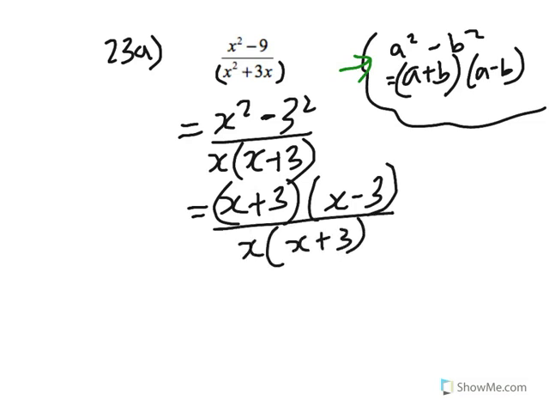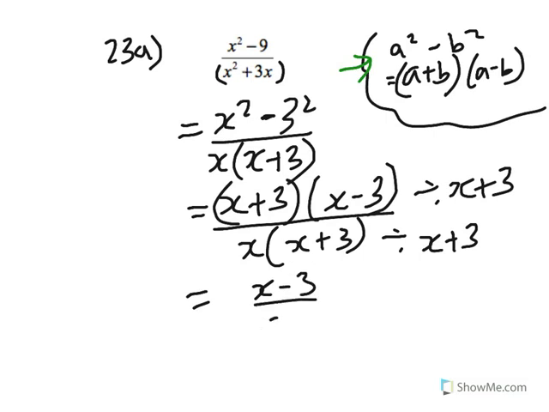Now, do you see anything in common between the numerator and the denominator? It's the x plus 3. So if we divide both the numerator and the denominator by x plus 3, we get x minus 3 over x. So this is the simplified version.